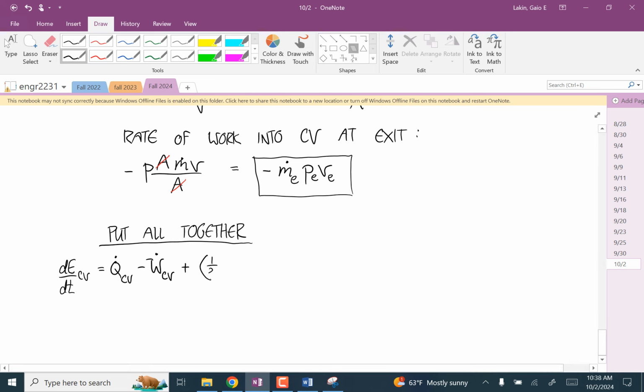So let's go 1/2 m dot v i squared, and put an inlet on that m. Plus, I'm too busy trying to keep my variables straight. Sorry. And m i dot g z i plus m i dot u i.